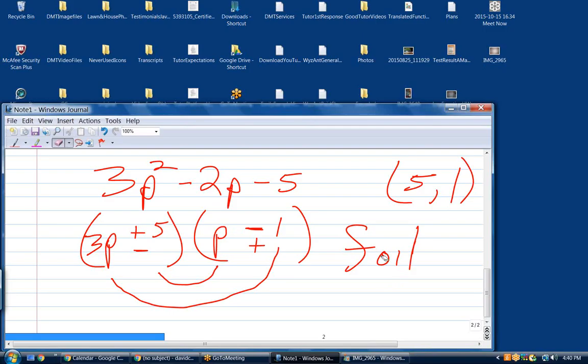Well, when you do FOIL, the middle term of the quadratic is always made up of the inside plus the outside. If I look at the inside here, what is plus 5 times p? 5p. What is minus 1 times 3p? Negative 3p. Add those two together, what do you get?